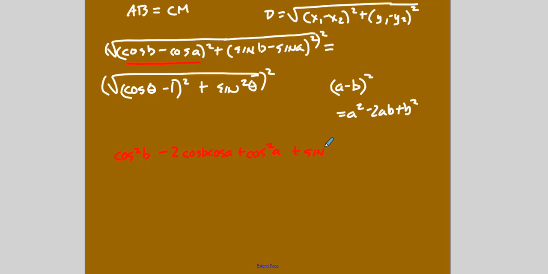This is going to be sine of B quantity squared, which is sine squared B, minus 2 sine B sine A, sorry, and then that's going to be plus sine of A quantity squared, which is sine squared A. And then this will equal cosine squared theta minus 2 cosine theta plus 1.